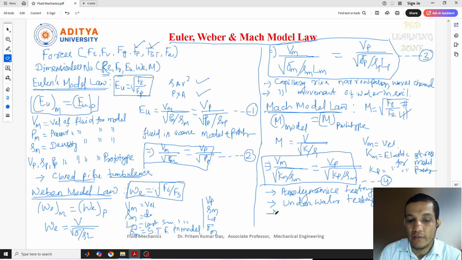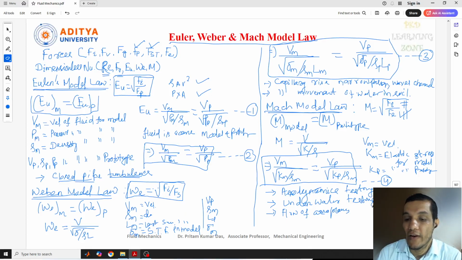Again, some examples, like the flow of aeroplanes. That means we need to consider the flow of aeroplanes, or the projectiles through air at supersonic speed.